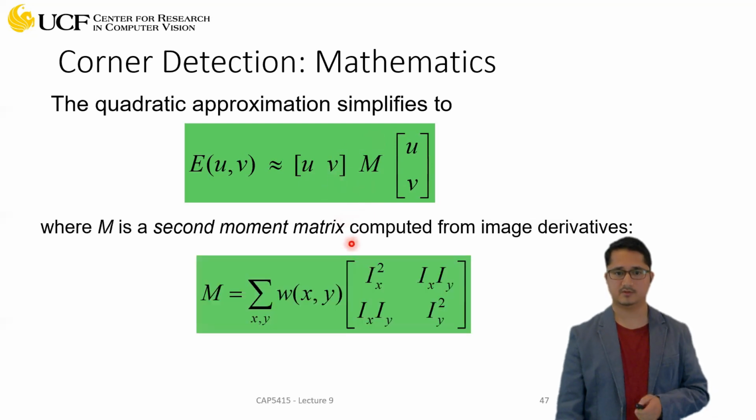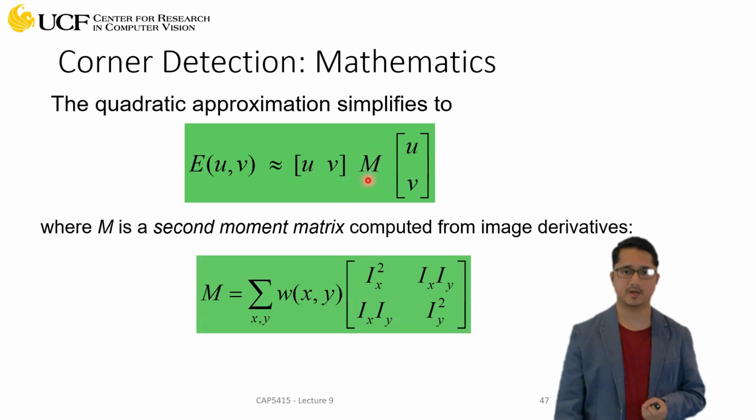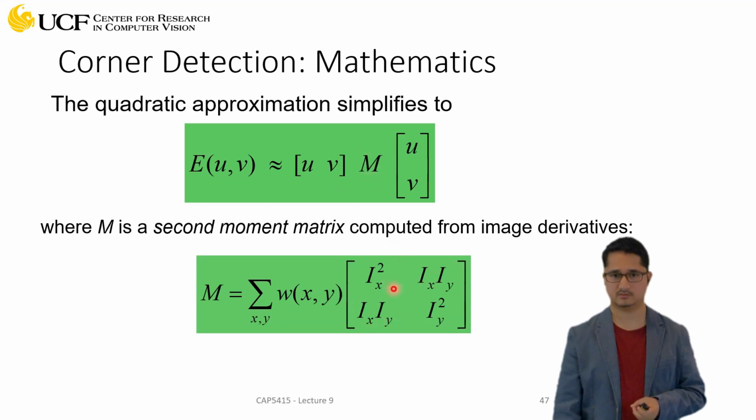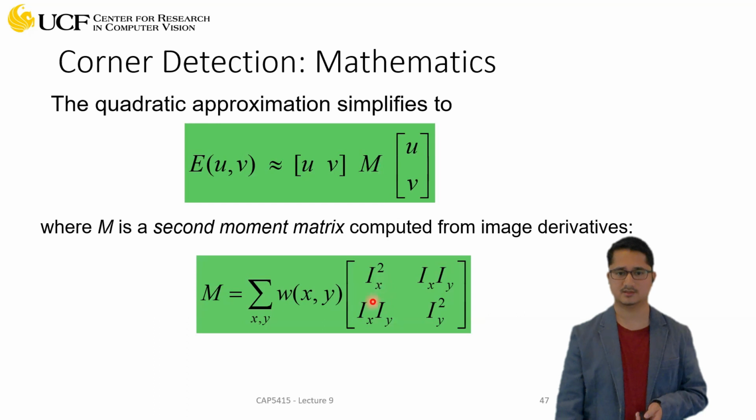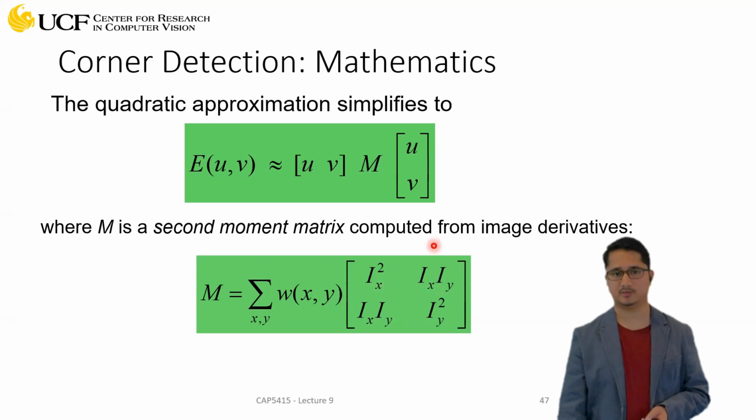And in this moment matrix, why are derivatives important, why are we talking about derivatives? Because this moment matrix is composed of derivatives of your input image. So this is exactly your M matrix. And these symbols are your first order derivative, the partial derivative in the x direction. Again, you multiply x and y. This is the same term.